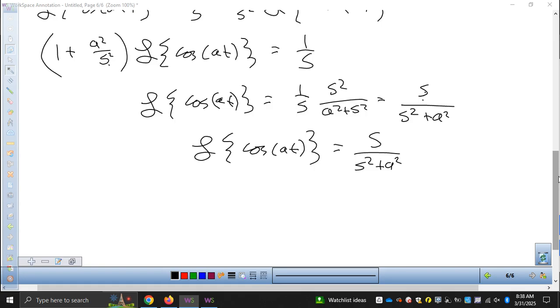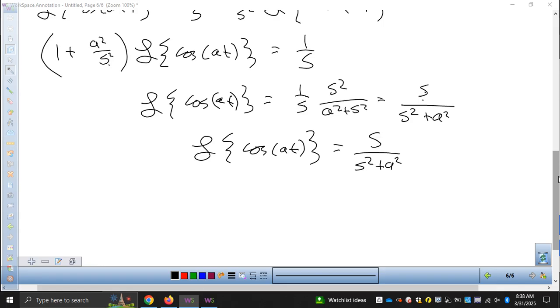So several integrations by parts there, and we get that result. Anyone want to guess what the Laplace transform of sine of at is? It turns out to be a over s squared plus a squared. But you go through the same process to find the Laplace transform of cosine of at.